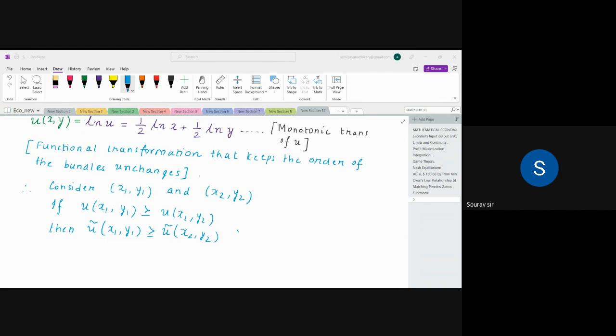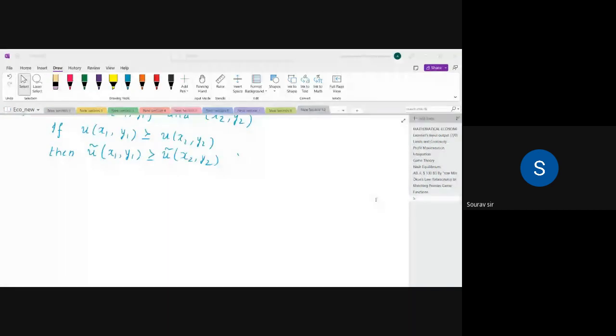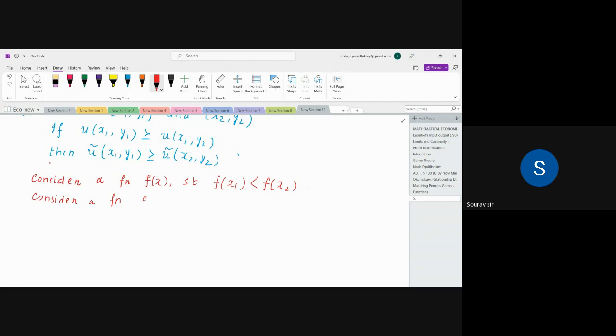So monotonic transformation is basically, if I just write it down technically, consider a function f(x) such that f(x1) is, let's say, less than f(x2). Okay, and consider a function g.